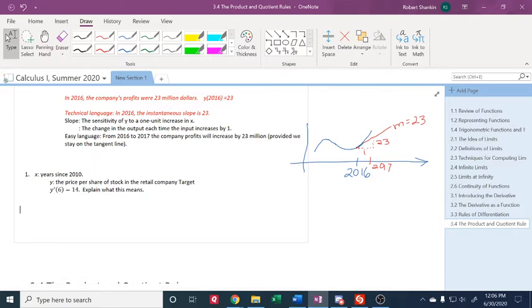We wanted to say that 6 years after 2010, the slope increases to 14. Okay, that's kind of technical language. 6 years after 2010, the slope is 14.